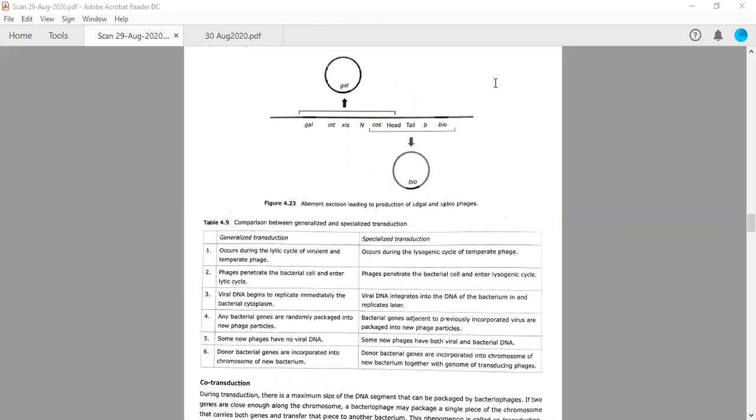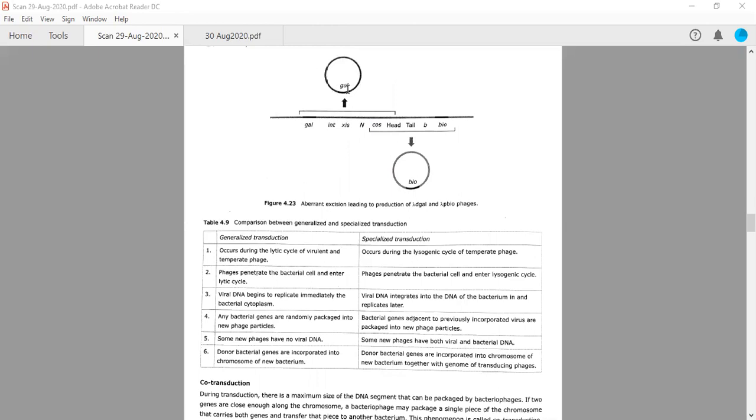So please look here, I'm trying to show you something. As I told you, there are two possibilities when this will excise out of the bacterial chromosome. This lambda phage DNA will include either the galactose gene or the biotin synthesizing gene, because these two genes have more chance of being taken up by the lambda phage DNA as they are present on the left and right side of the integration site, right?